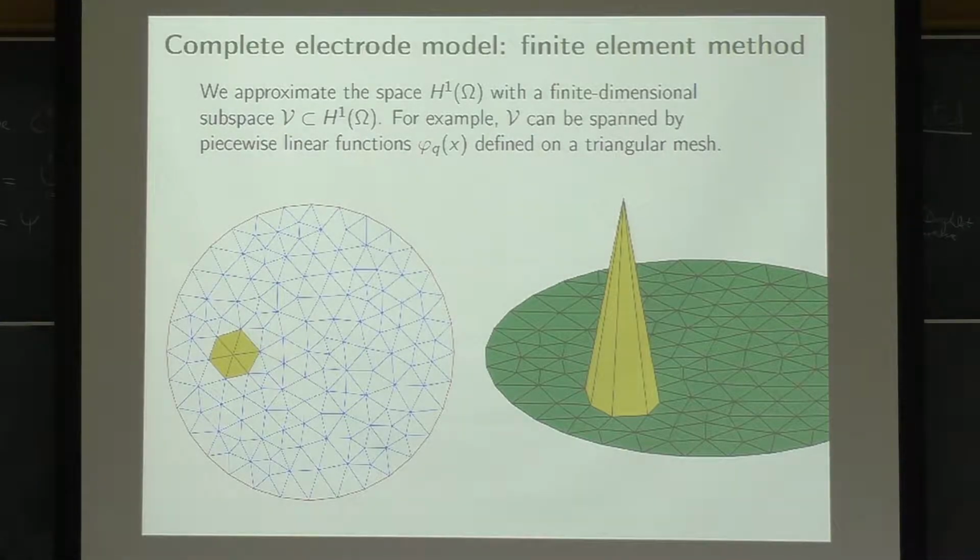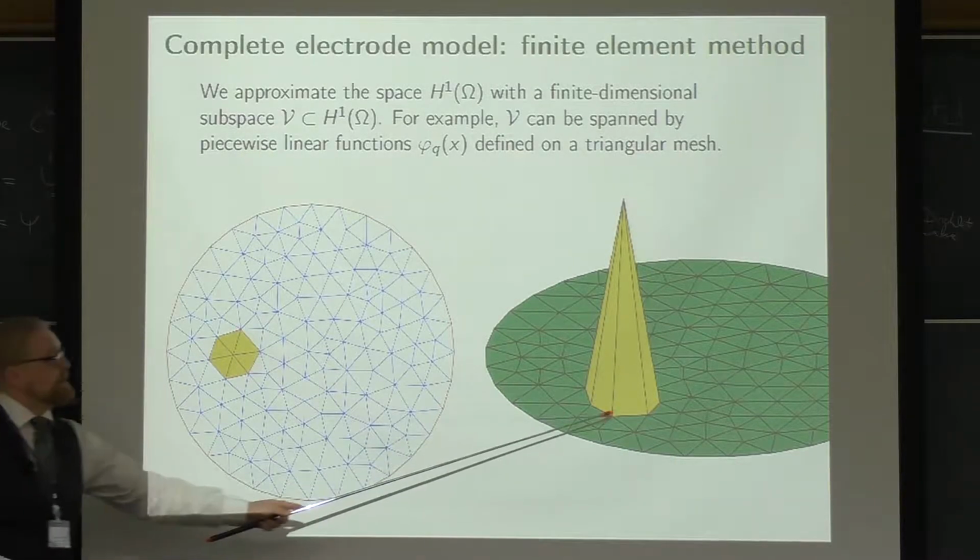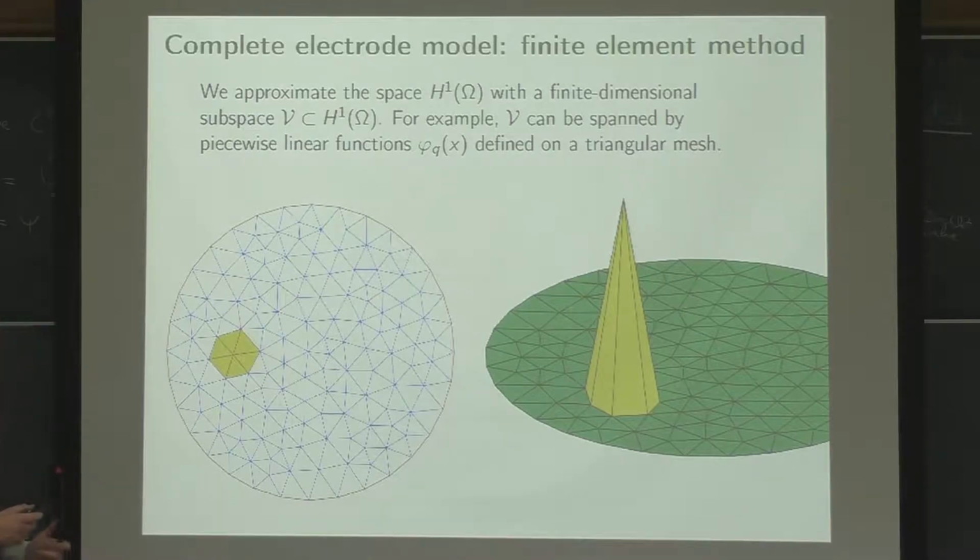Inside each triangle it's a linear function. So then you see its support is the yellow one, and it's this kind of pyramid-like basis function.